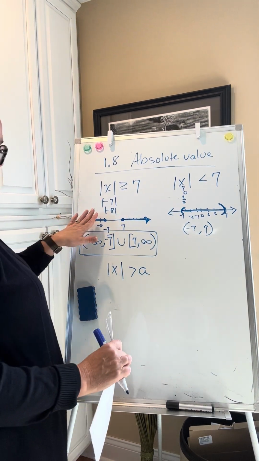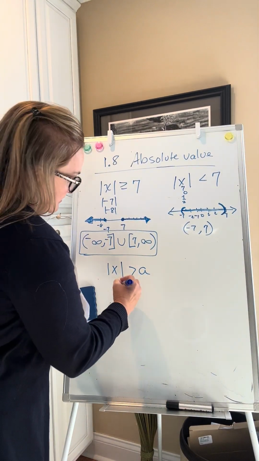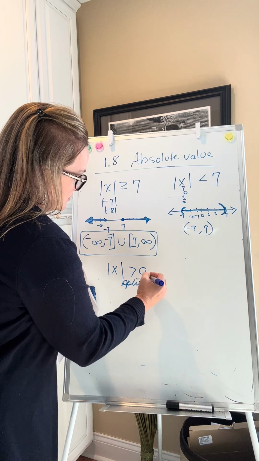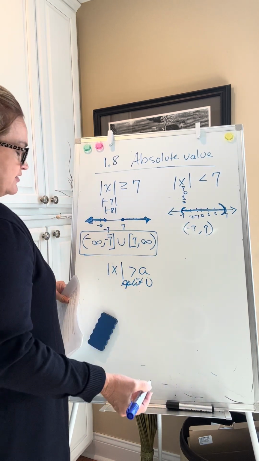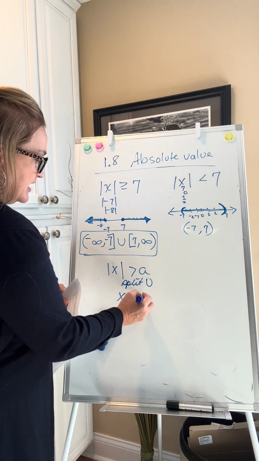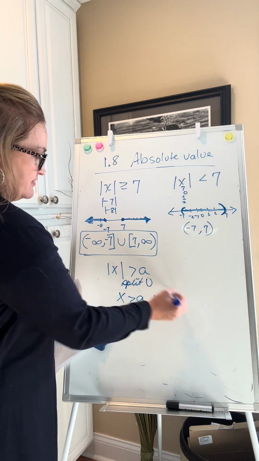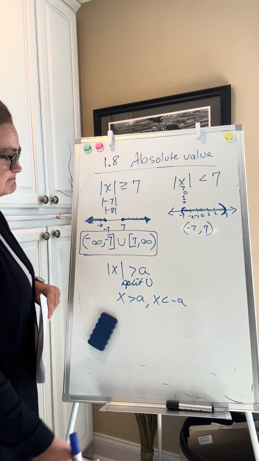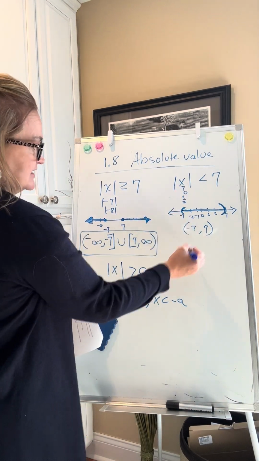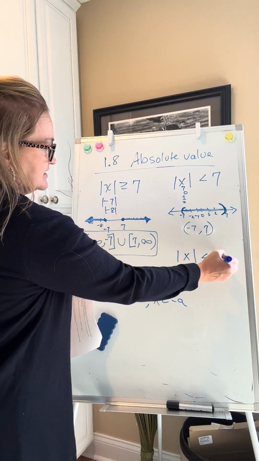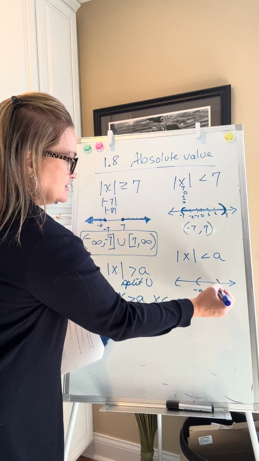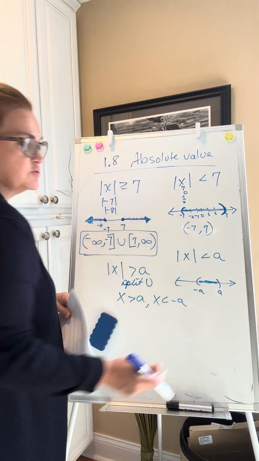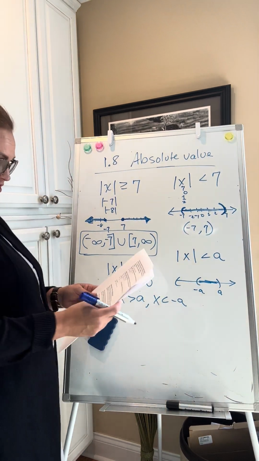Just in words, it shows anytime you have that, it's going to have the split. So you're going to be using the union sign, or the U sign, to put the two sections together. When we have a less than, like we saw here, if it's less than an A, it's going to be the middle region. It's going to start at negative A to positive A, and just the middle part between that. So it'll be a more closed region.